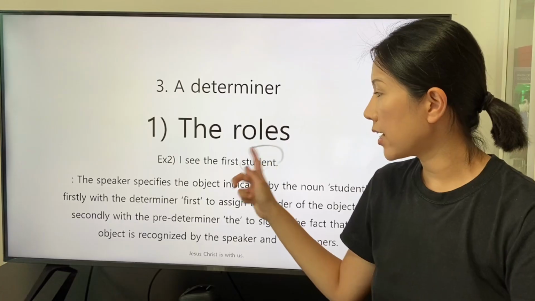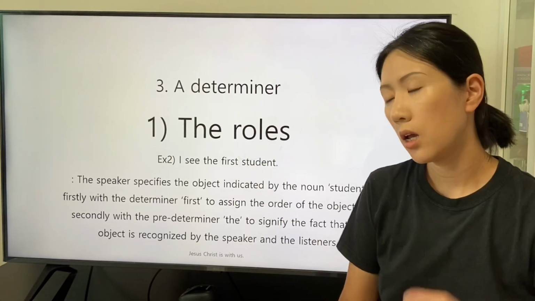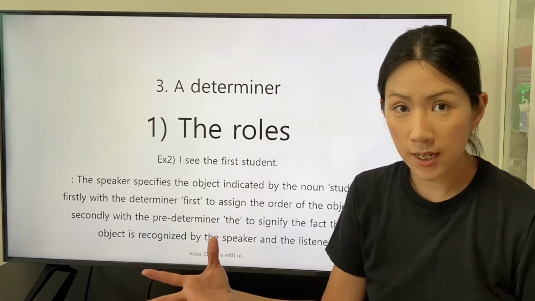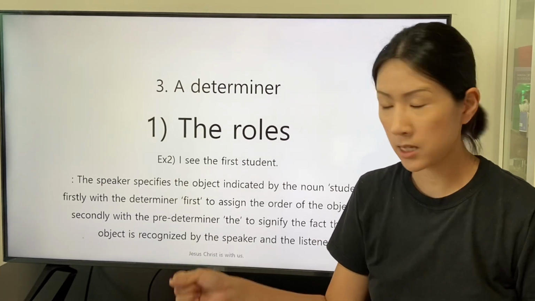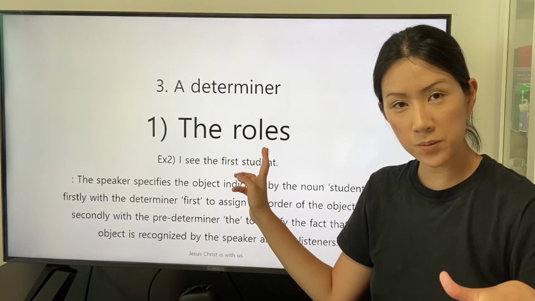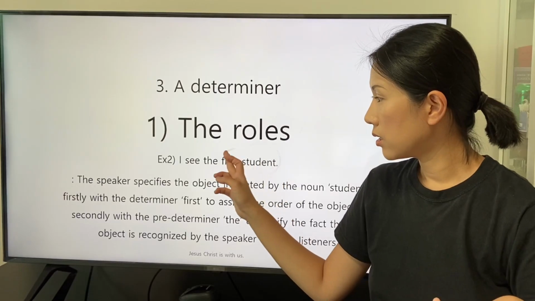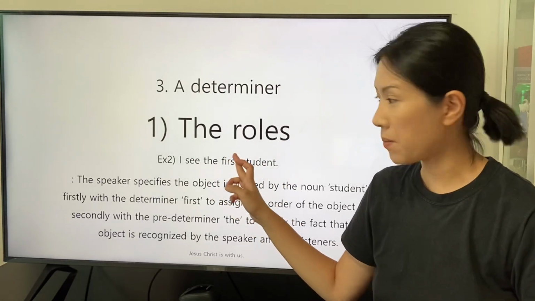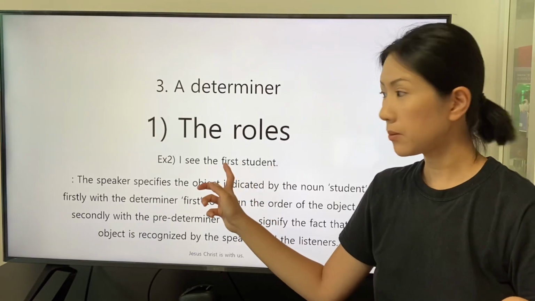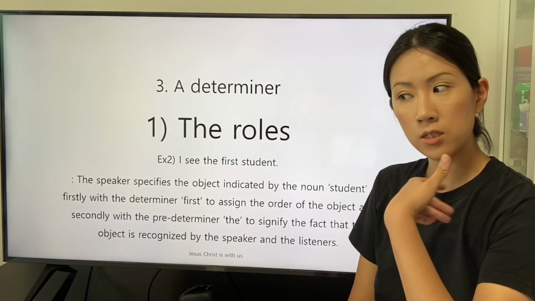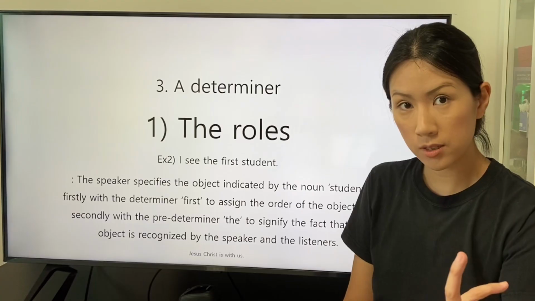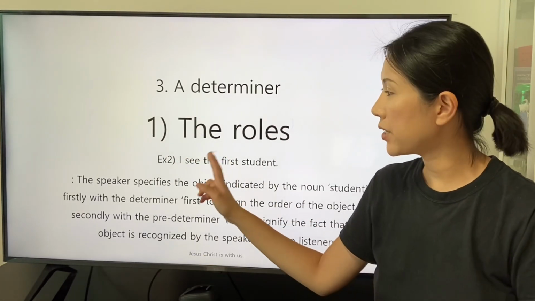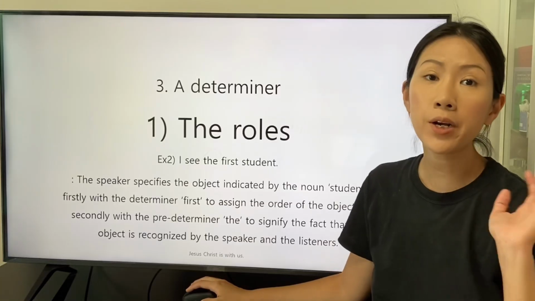The object indicated by the general noun student is in order, and the object described by the ordinal determiner first is introduced already in the prior context from the application of the predeterminer the.